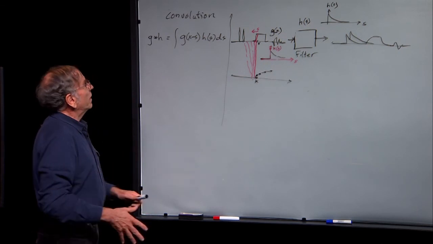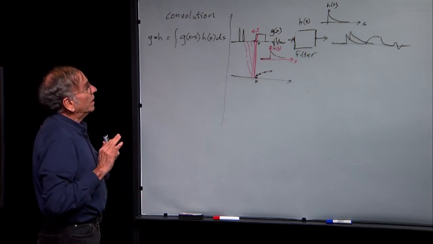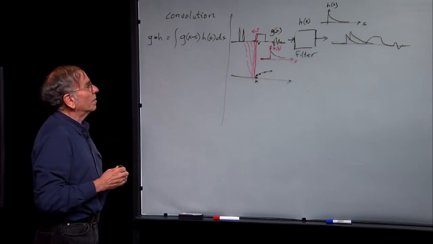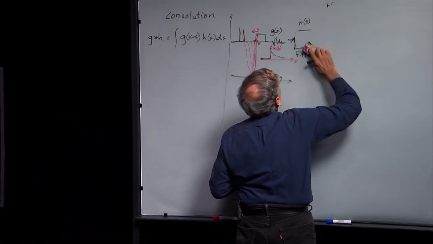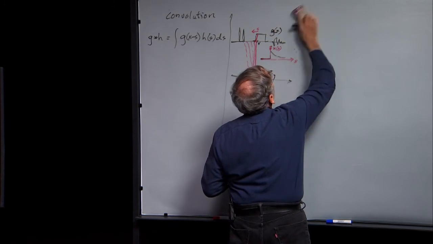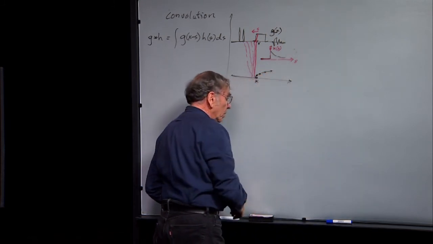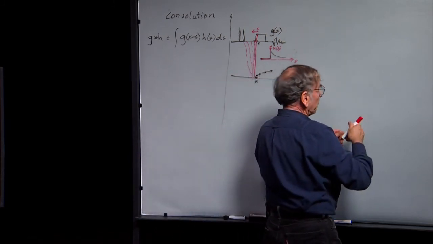But people use Fourier transforms, and there is a Fourier convolution theorem that is very, very important and very useful. And it's even going to allow us to do deconvolution.